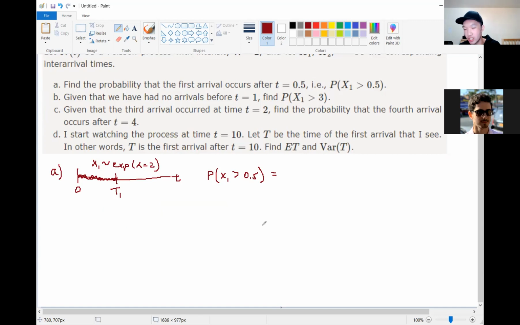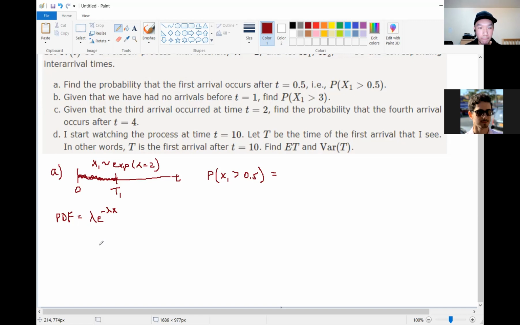What was the PDF? The PDF is lambda e to the power of negative lambda x. Yes, I think that's right. This is the PDF. We're interested in the probability that x is greater than 0.5, so greater than is the right-hand side.